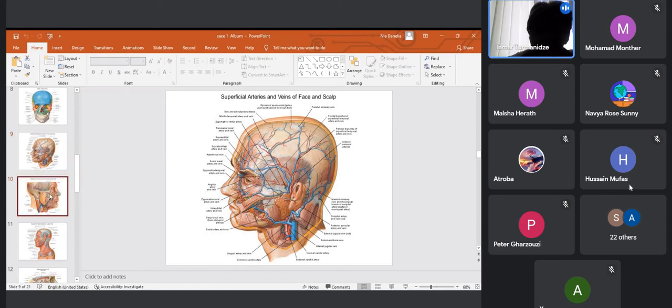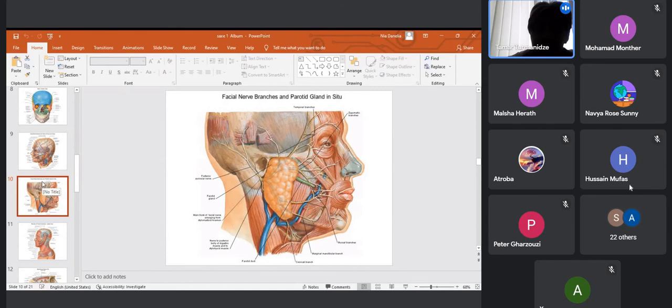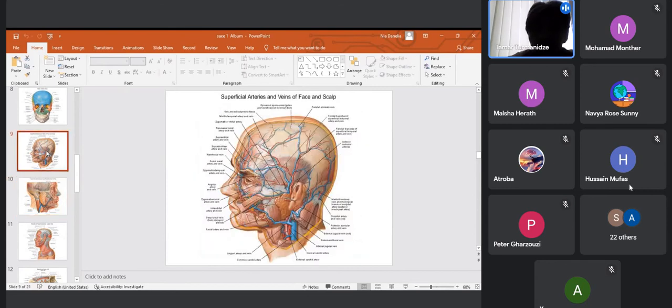The structure which passes in the parotid gland is also which artery? Superficial temporal artery, we have told you. The superficial temporal artery is a branch of the external carotid artery. This is the external carotid artery, which is located where? In the carotid triangle.